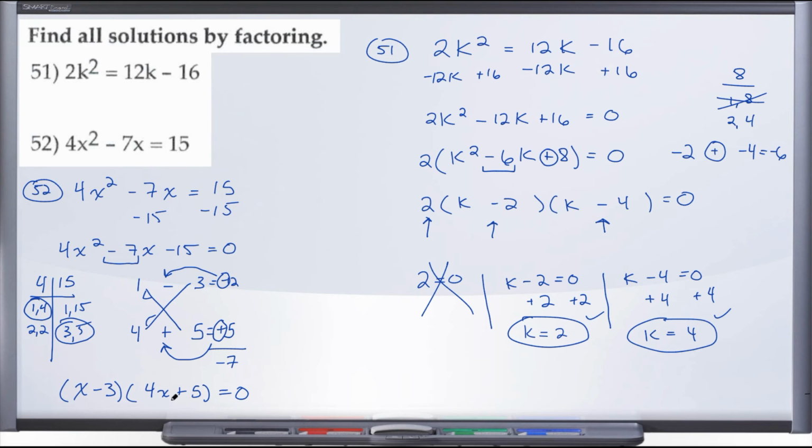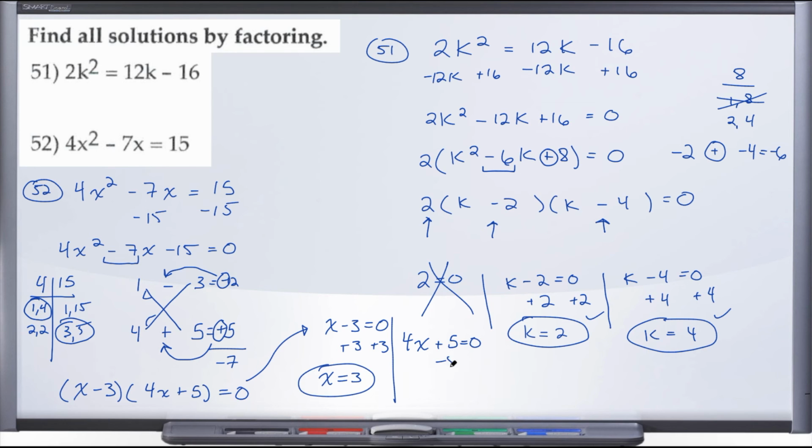And now that we've factored the left-hand side of our equation, let's go ahead and set each of these factors independently equal to 0. So we have x minus 3 equals 0, and 4x plus 5 equals 0. Solving on the left-hand side, we add 3 to both sides, and we get x equals 3.